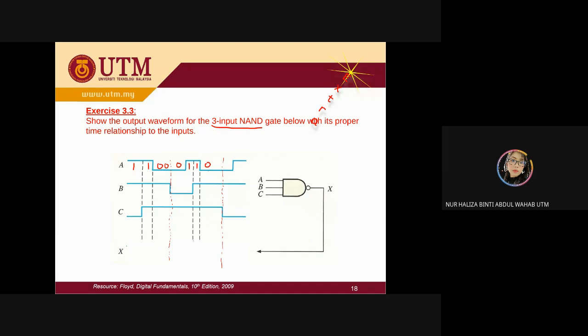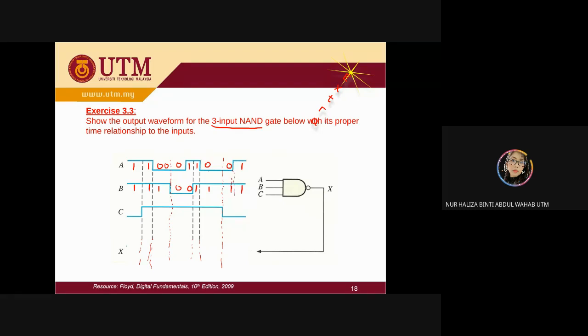Before you know where your changes are, of course, you're going to divide it at all the changes. And over here, it's 0, 1, 1, 1, 1, 0, 0, 1, 1, 1, 1.